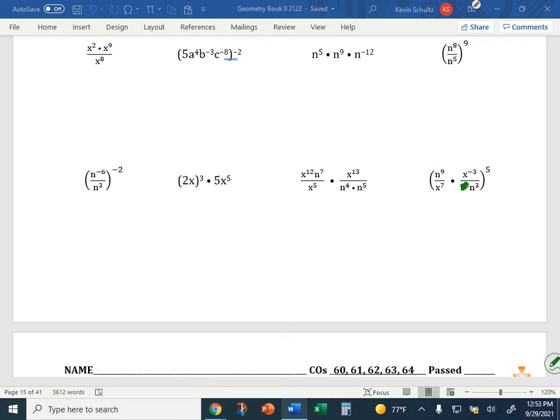Okay? Now, recognizing that what I'm doing inside my parentheses is essentially multiplying fractions, right? I can rewrite this with my numerators and denominators combined, because they're both just fractions. N to the 9th times x to the negative 3rd is just n to the 9th x to the negative 3rd.